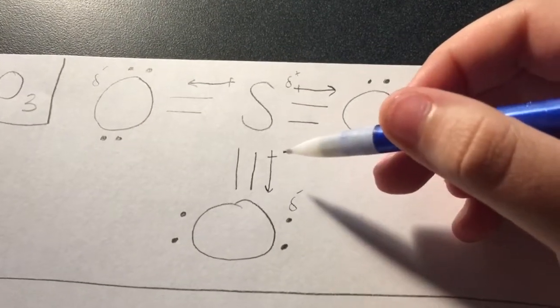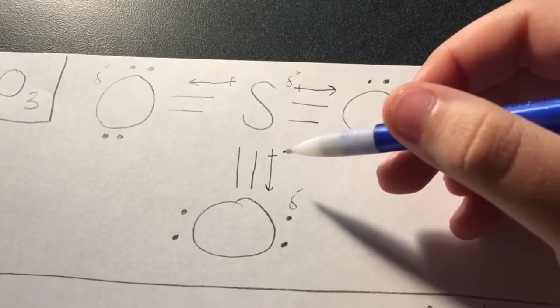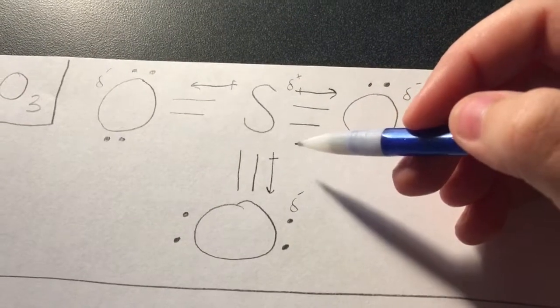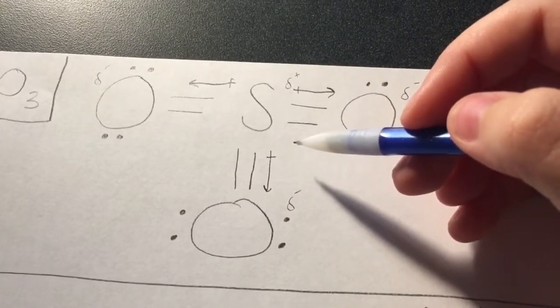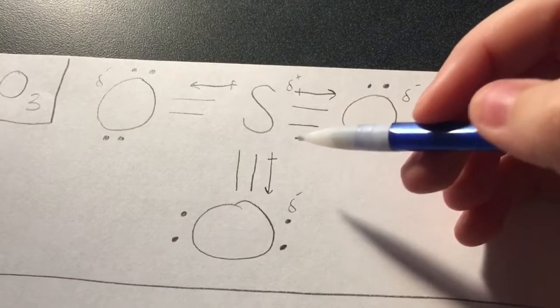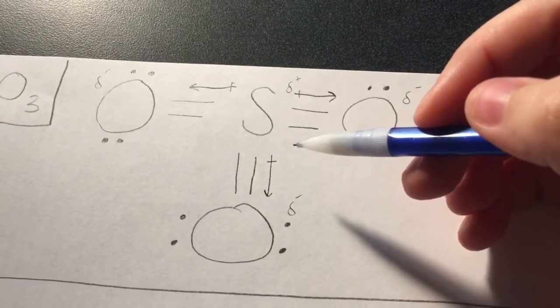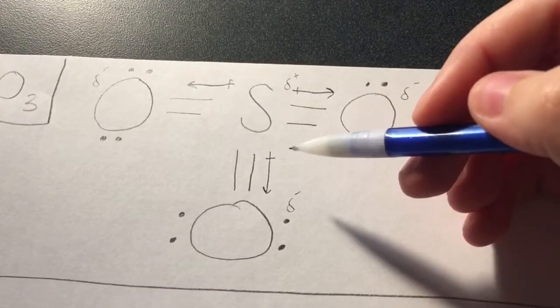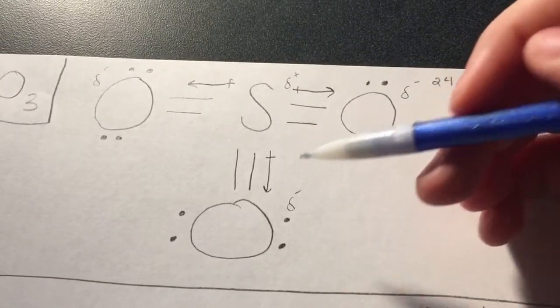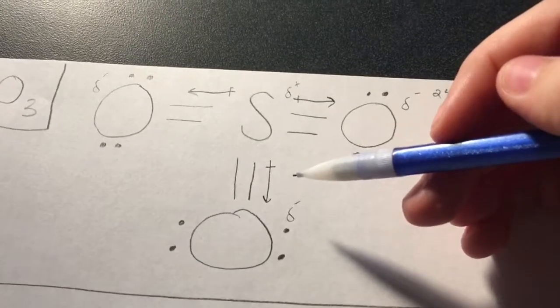Okay, that is our bond dipoles for SO3. Now we're going to determine the net molecular dipole using the bond dipoles and the molecular geometry to determine if this is polar or nonpolar.